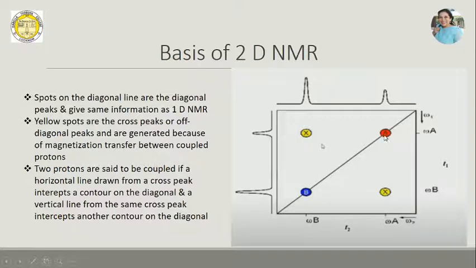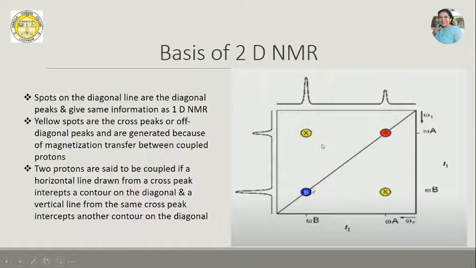So basically these have not been formed by a magnetization transfer to any other nucleus, but by the magnetization which has been left with A. Similarly, this spot has been formed on both the axes.